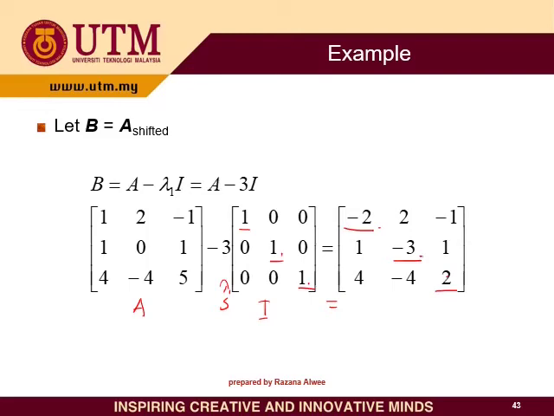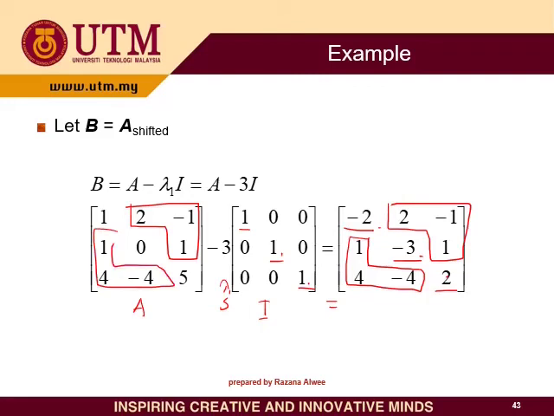The others remain the same. These 3 and these 3 are the same, there's no change. The only ones changed are on the diagonal, based on your lambda 1 that you have found.